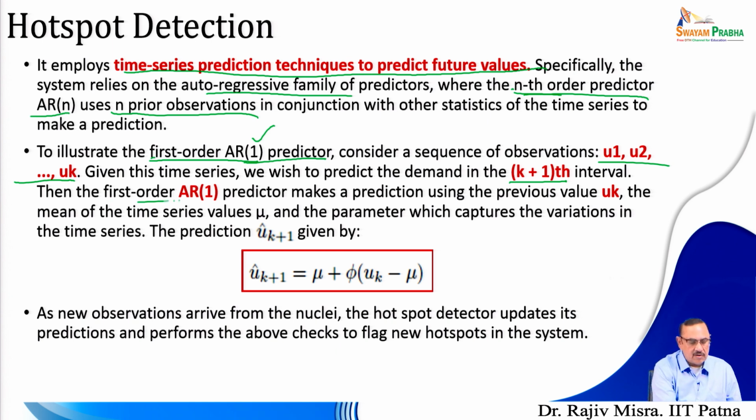The AR(1) predictor makes the prediction using the previous value, u_k. With mu, the mean of the time series values, and phi, the parameter which captures the variation in the time series, the prediction of u_(k+1) is given by mu plus phi times (u_k minus mu).